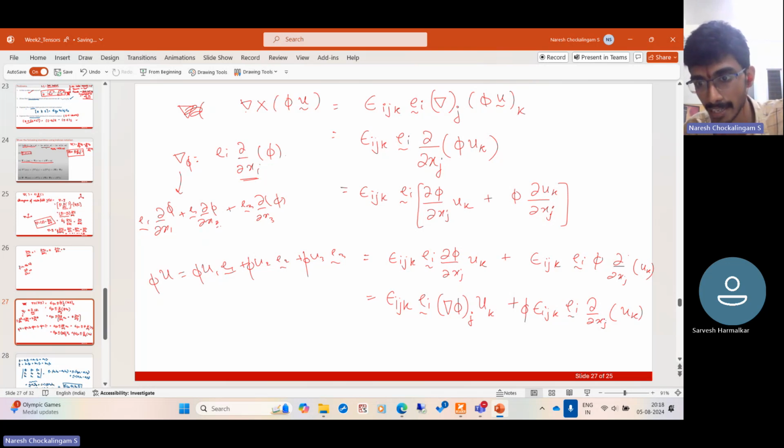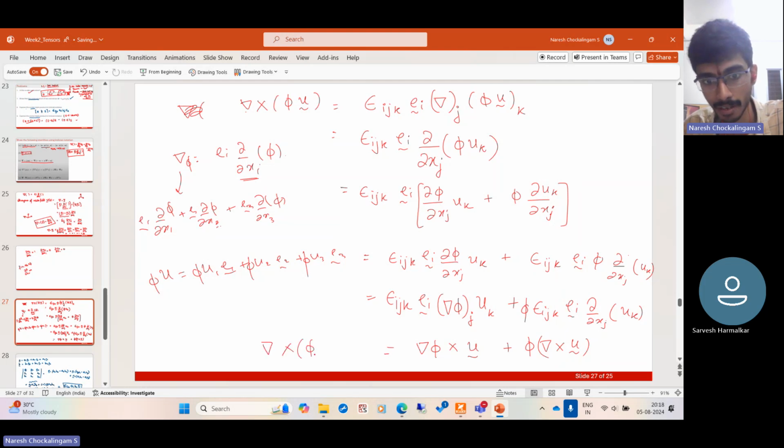So this is nothing but phi times grad cross u, so this is curl of u. And here we have the jth component of grad phi and the kth component of u, and this is epsilon ijk. So by the cross product definition, this is grad phi cross u. So this is what we needed to prove.